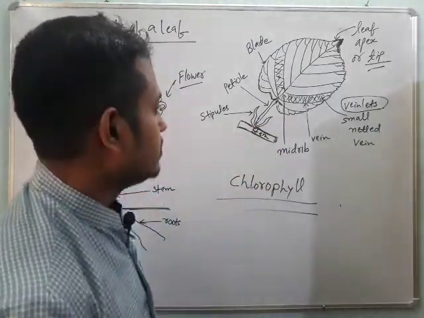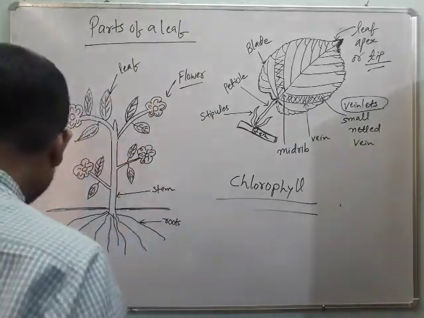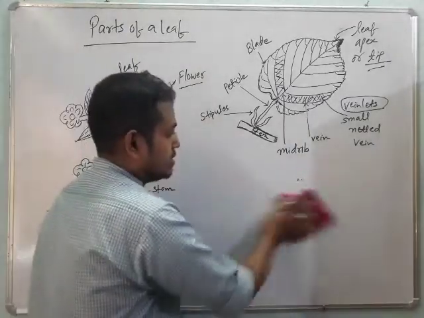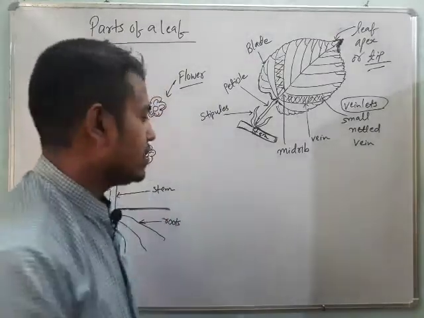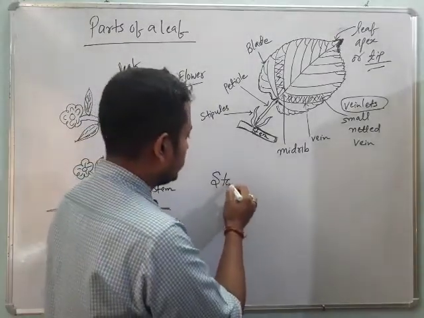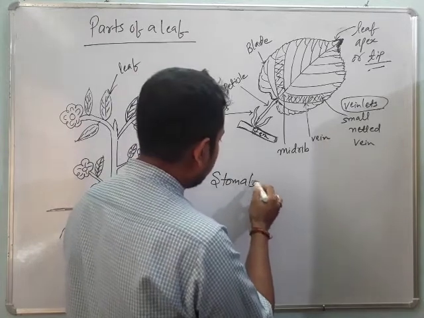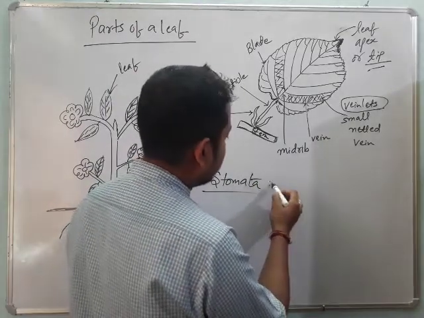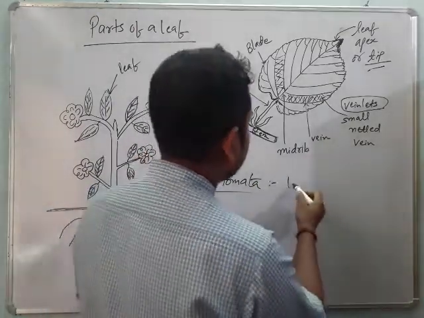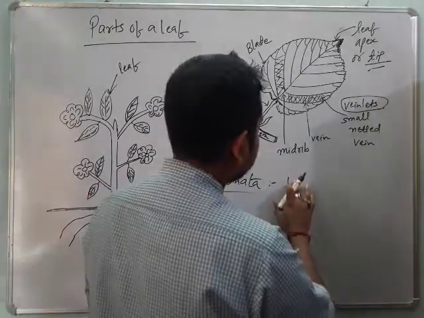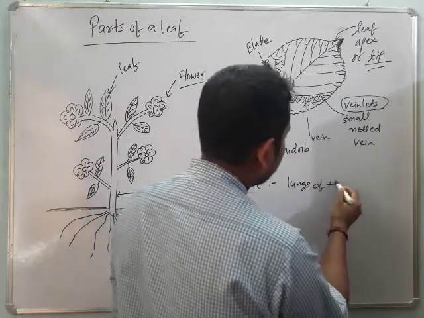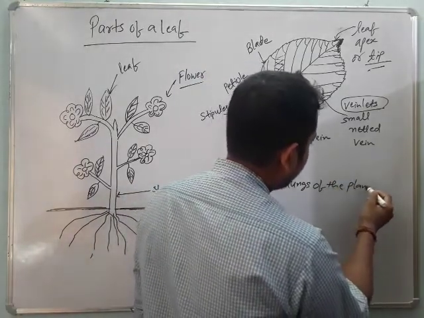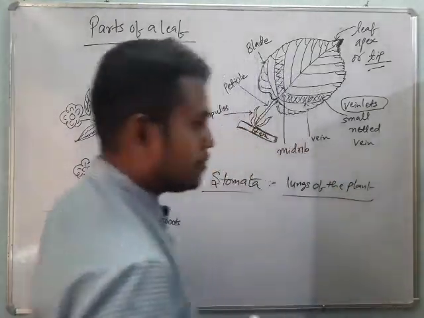Okay, now the next part is stomata. Stomata, what is that? Stomata, you can say this is the lungs of the plant. Lungs of the plant means what?